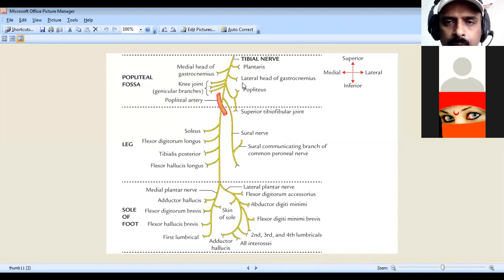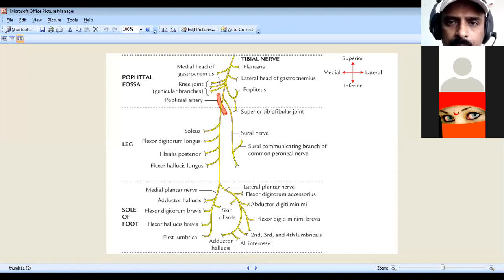Just now I have covered the main content of the popliteal fossa, which is the tibial nerve. So you should know the tibial nerve relations in the popliteal fossa and in the leg, that you have to study properly. It gives many branches, and all the muscular branches are named.